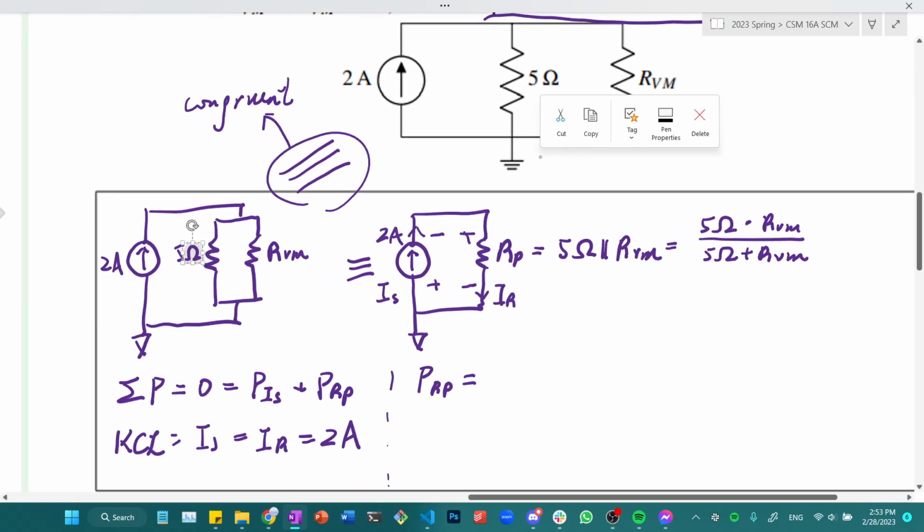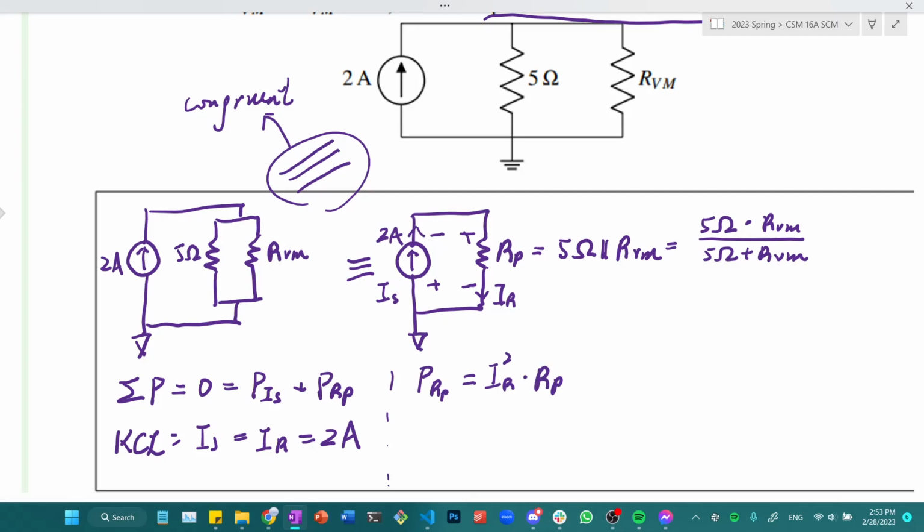So the power of the parallel resistor is equal to the current across it squared times its resistance, which is equal to 2 amps squared times 5 over 2 ohms, and that is going to give me 10 watts. So the parallel resistor dissipates 10 watts worth of power. It dissipates energy.